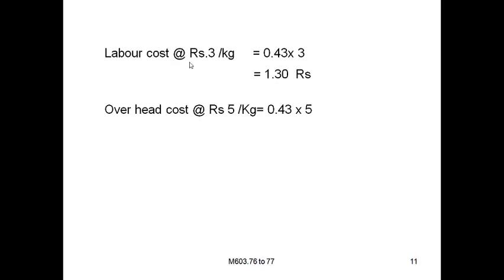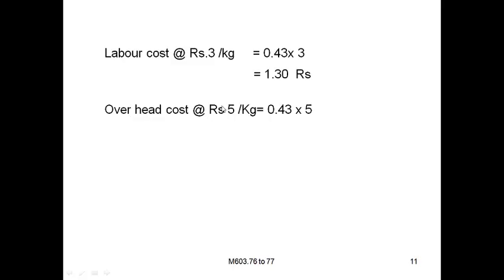the labor cost. Remember that it is for only one piece. Even in our problem also, he has asked to calculate the cost of one piece. Then you come back to the overhead cost.